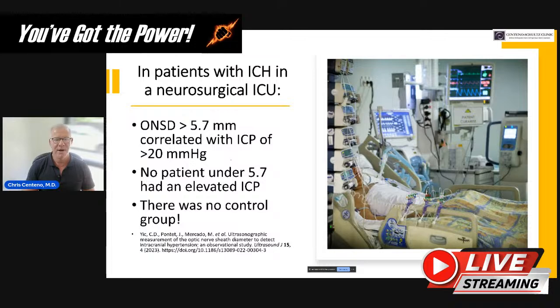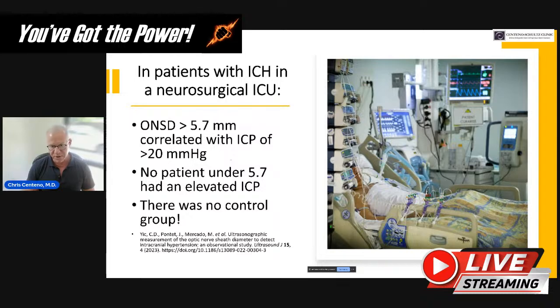Again, here's another one, patients in the ICU. And here it was 5.7. So at least here they did measure intracranial pressure. And they found the good news was that no patient under a 5.7 millimeter diameter had elevated intracranial pressure.